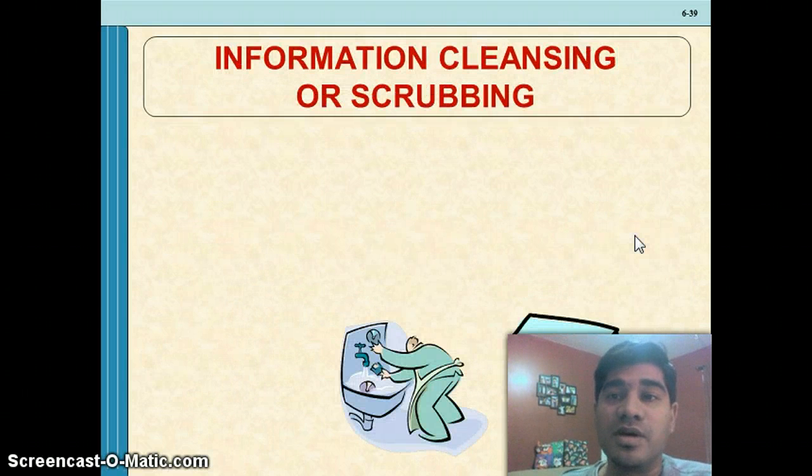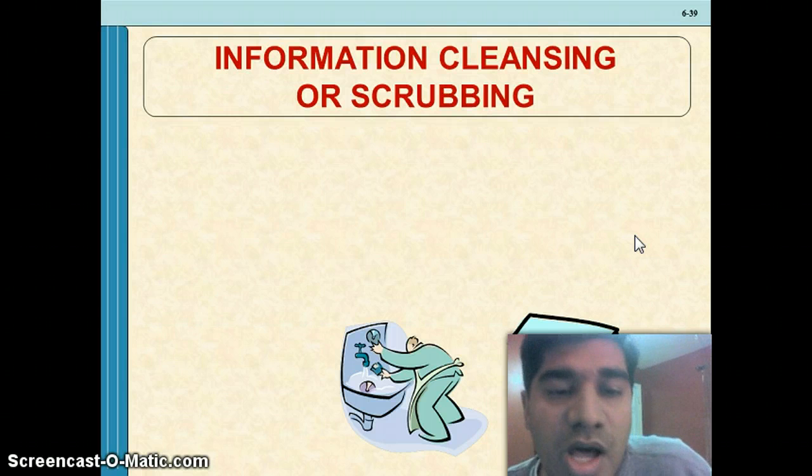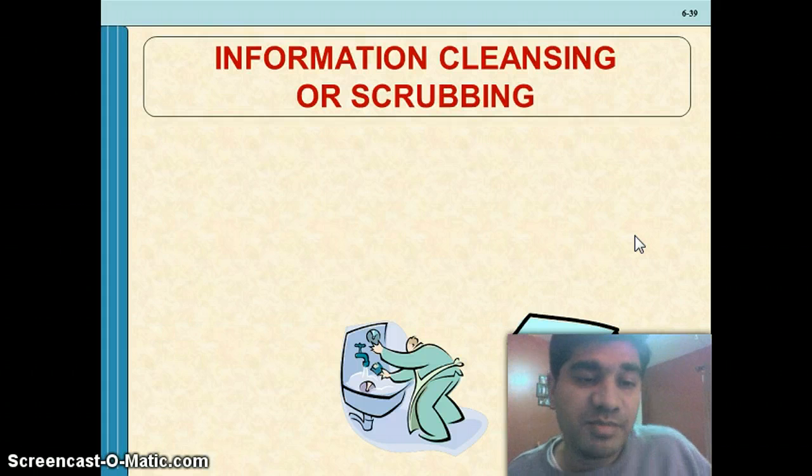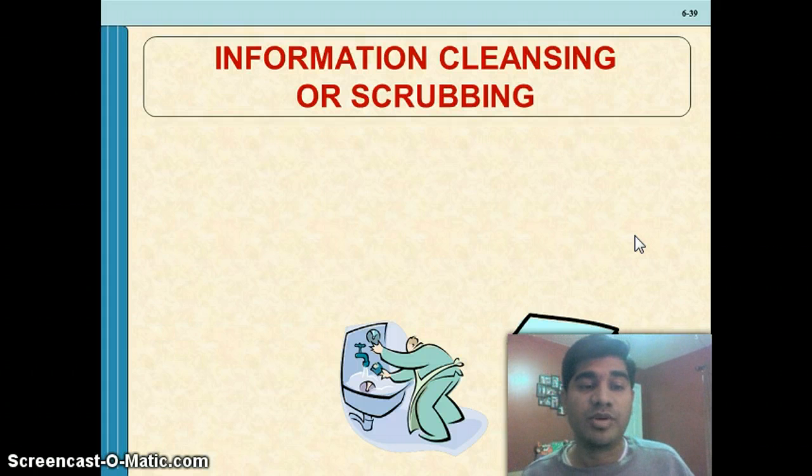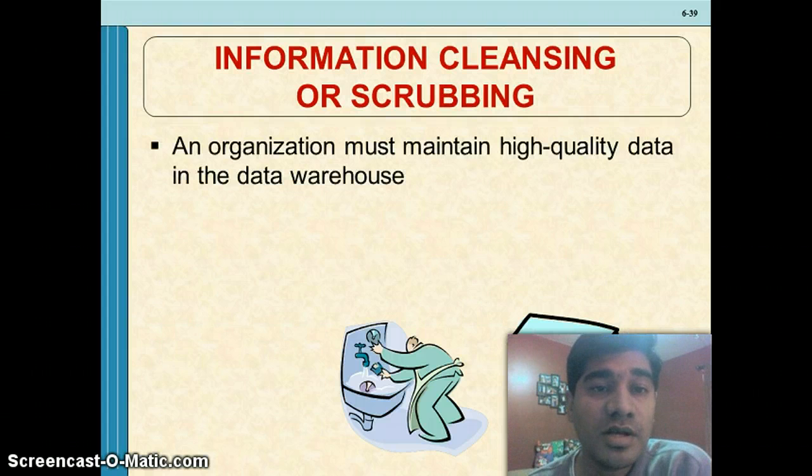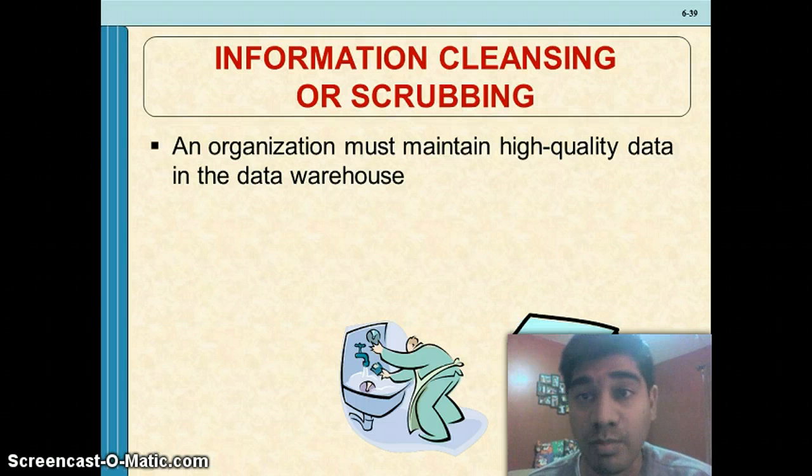Now, many times, I think we talked about previously about how data can sometimes be corrupted. You can have bad data. So having good quality information in the data warehouse is really important.